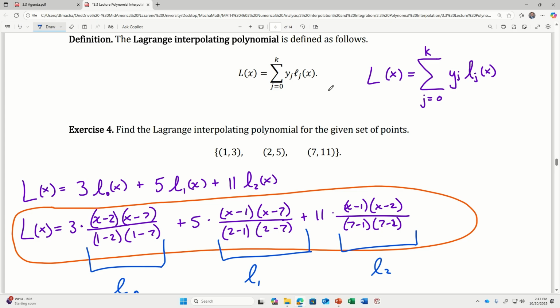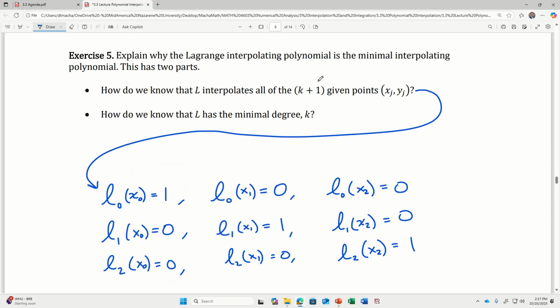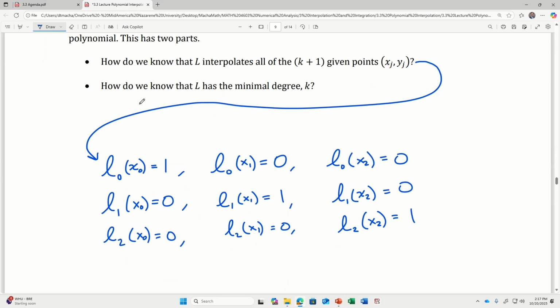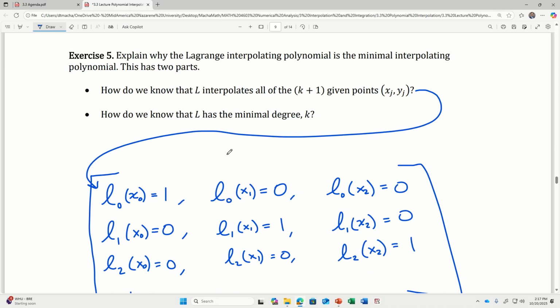So that's the big picture explanation. How do we know that L interpolates all of the points? Really because of this. We are multiplying 1 times the y value for each of the corresponding x values, and all of the other terms in that sum are 0.